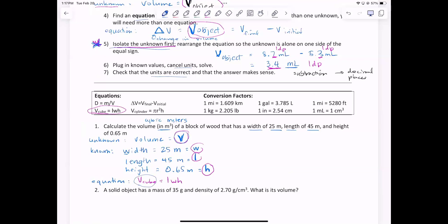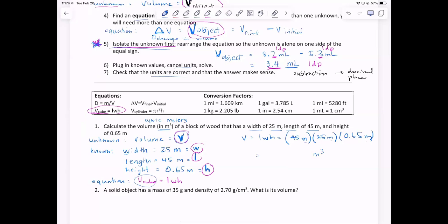So that means I can go ahead and use this equation, plugging in each number with the units, 45 m times 25 m times 0.65 m. And before I go to the calculator, before I look at the numbers, I'm going to deal with the units, which is m times m times m, or meters cubed.